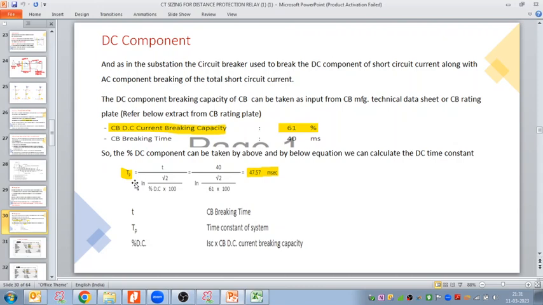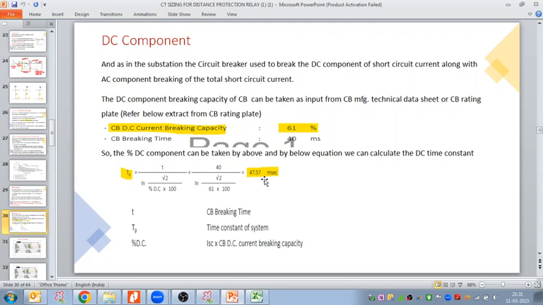The fault has an AC component and a DC component, and the DC component takes 47.57 millisecond to decay. One cycle takes 20 millisecond.